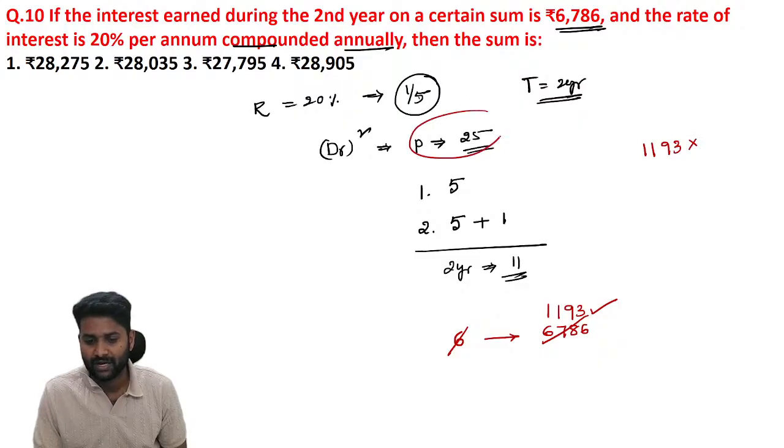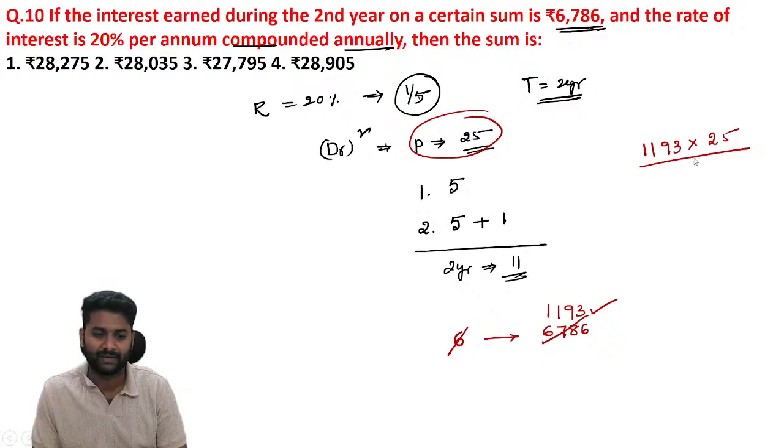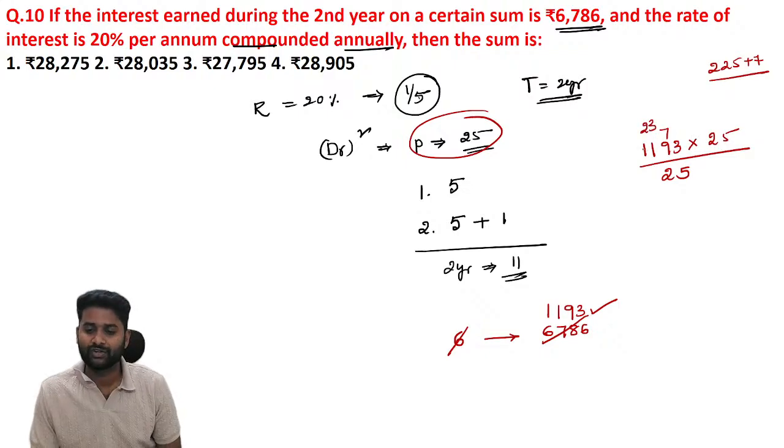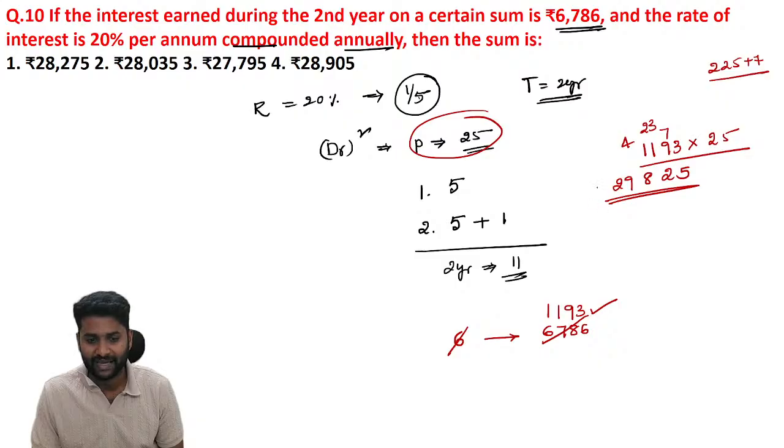And we have to identify the principal, so you should multiply by 25. 25 into 3 is 75. 25 into 9 is 225, plus 7 is 232. 25 into 1 is 25, plus 23 is 48. 4 is carried over. 25 into 1 plus 4 is 29.